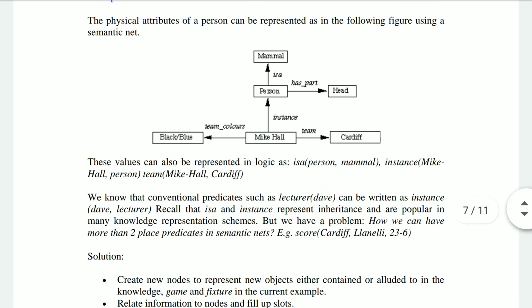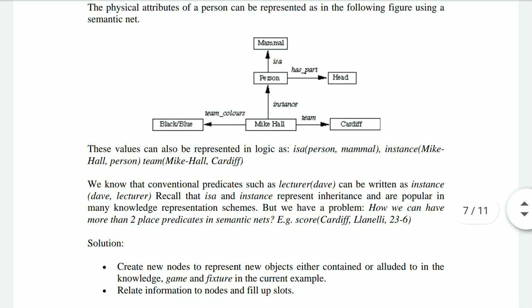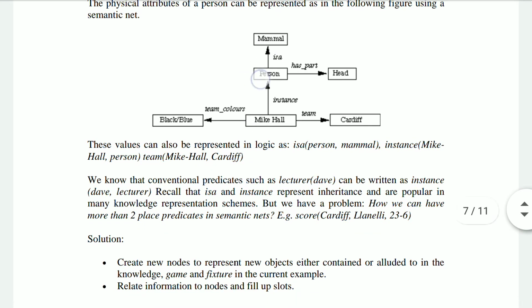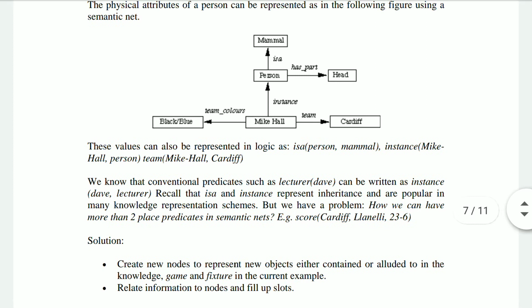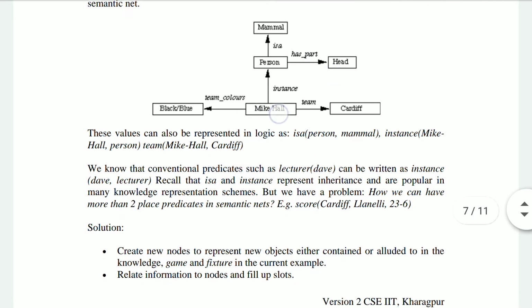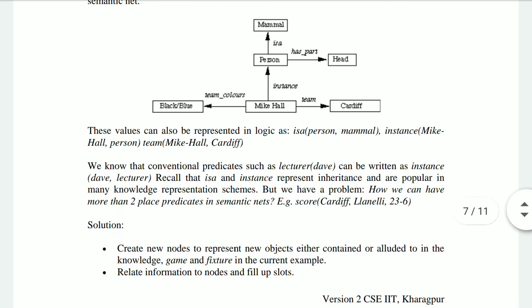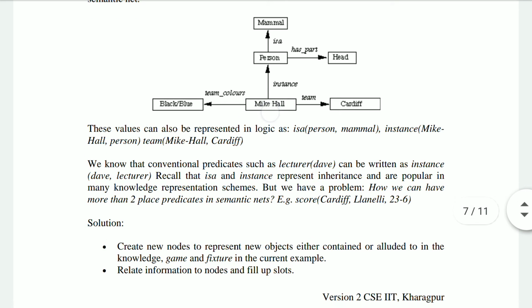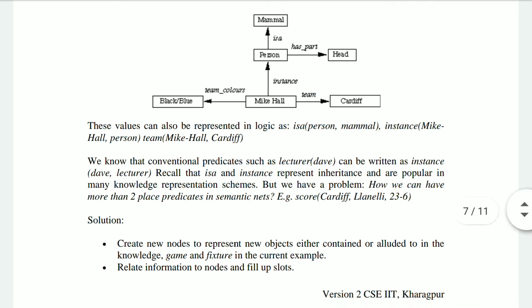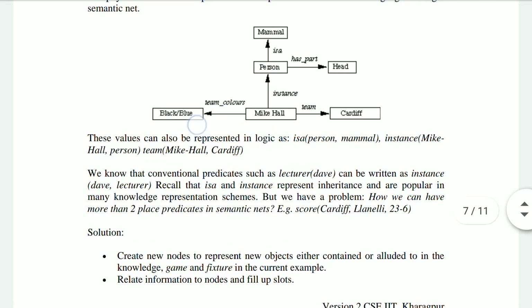He has an instance as a person, and he can be further generalized as a mammal, and has a body part that is a head. Mike Hall does have a team for which he plays. It's Cardiff, and the team colors are black and blue.